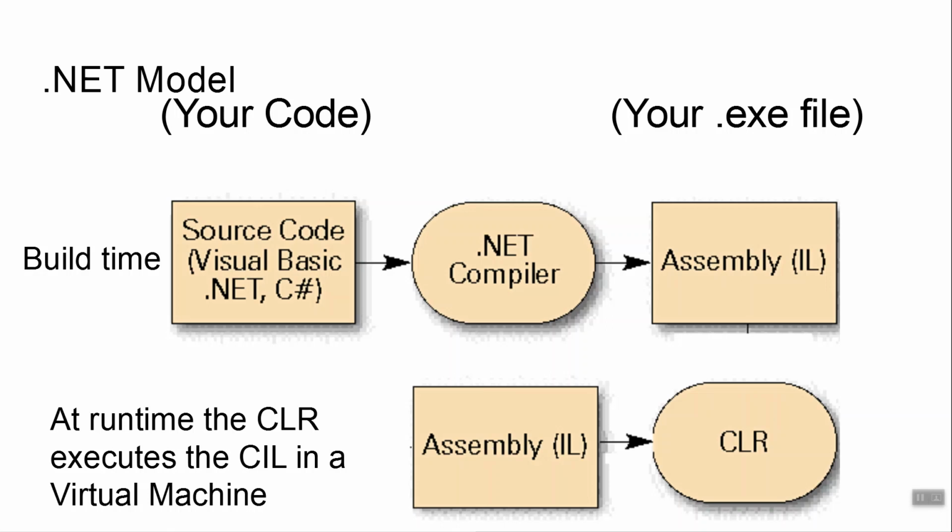We compile down to this fake machine architecture, and then we make a program that pretends to be that fake machine, and it runs the binary code. And that way we have the benefits of compiled code. We get the speed of compiled code and the portability of interpreted code. And that's what this .NET framework gives us.